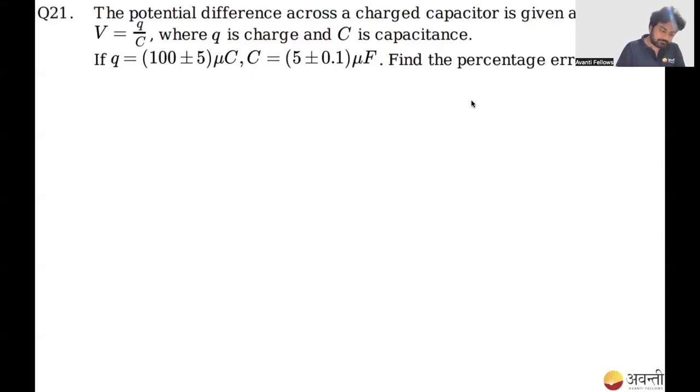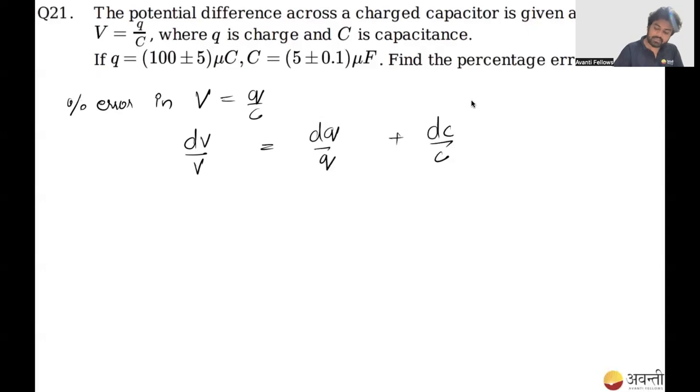Let's see. If I want the percentage error in V, which is entirely dependent on Q and C, we know the equation is V is equal to Q by C. So dV by V is equal to dQ by Q plus dC by C. If I multiply by 100, I'll get the percentage error.